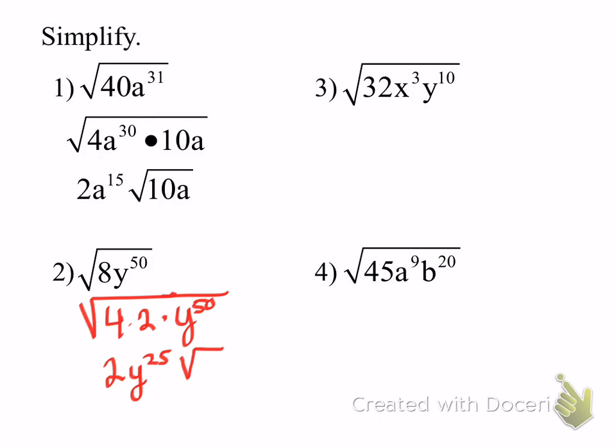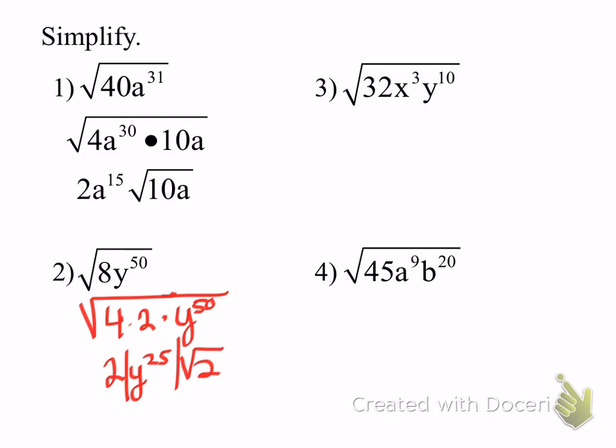And I'm left with that radical 2. Is that how I write it? Why? Pardon the pause, I just sneezed. Are you guys understanding why we have it like that?